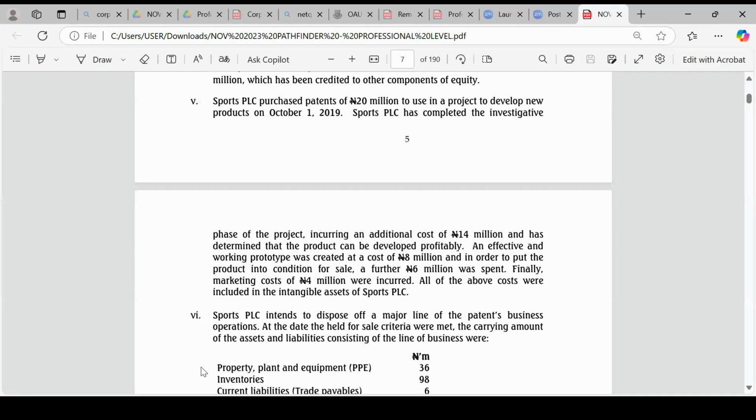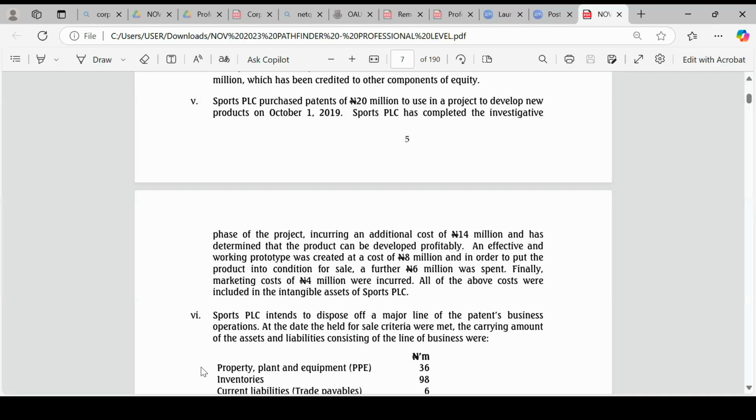All of the above costs were included. What they are saying is that all the costs they mentioned here were already included in the intangible assets of Sport PLC.